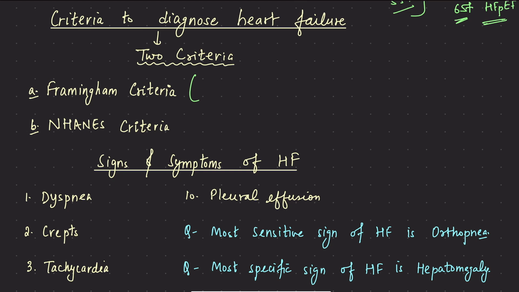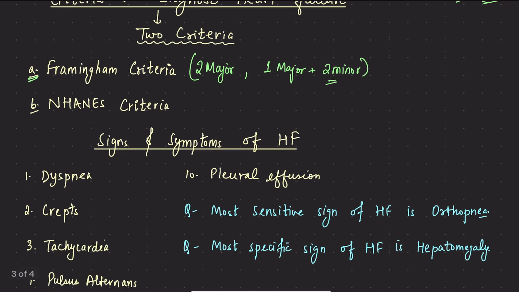For the Framingham criteria, two major criteria are required, or one major and two minor criteria are required for heart failure. Right? Let me see if I'm right. Yes, one major, two minor. So this is the Framingham criteria.